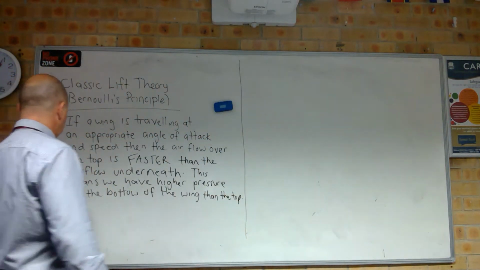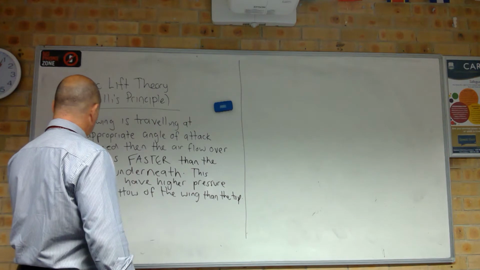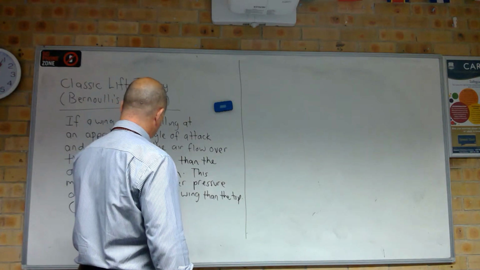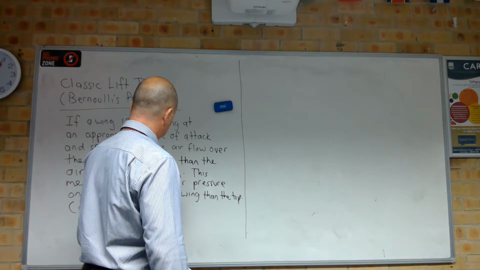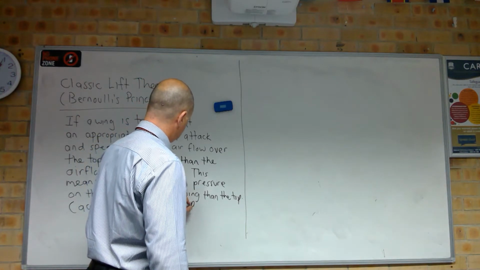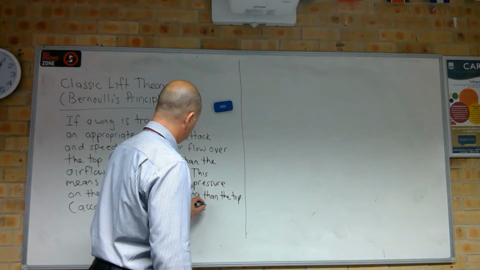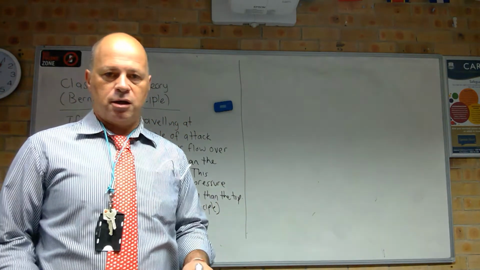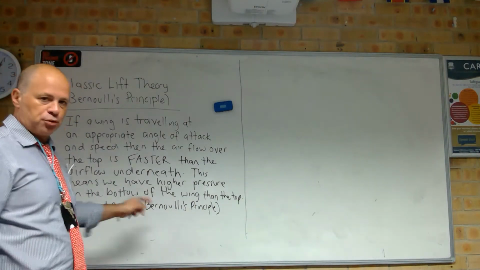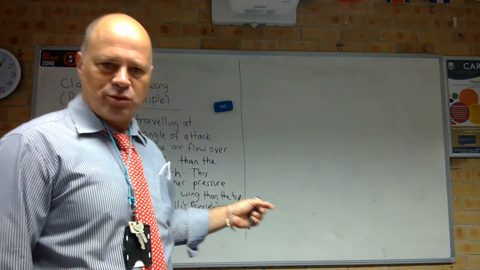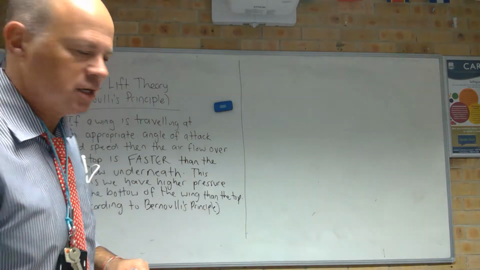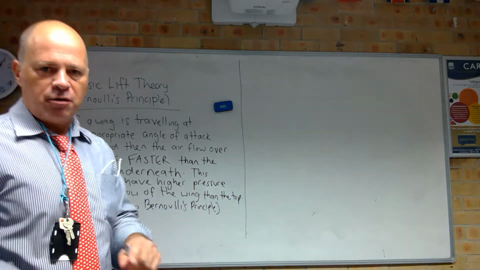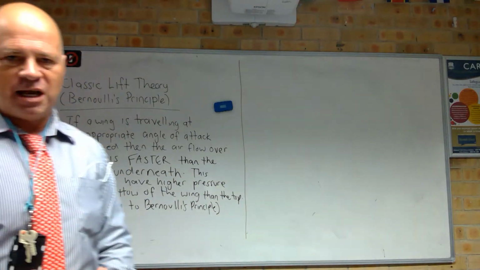And you could write brackets according to Bernoulli's principle. And if you wanted to be a real nerd, you could write there, underneath there, the total pressure, which is a constant, is equal to dynamic plus static pressure, okay? But that will be enough, okay? So faster airflow, lower static pressure.